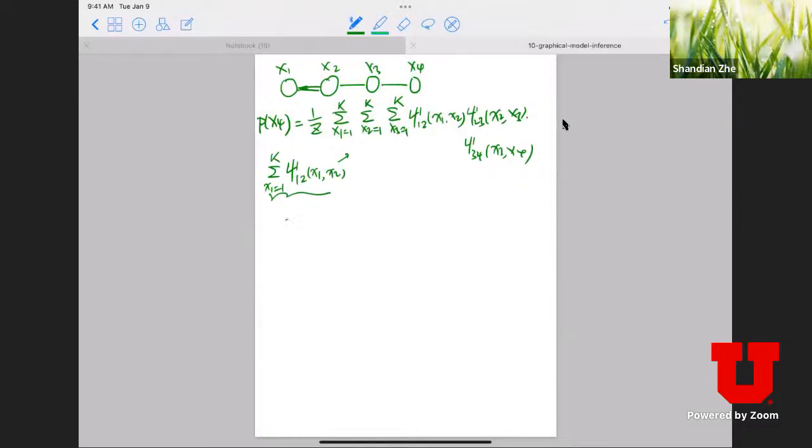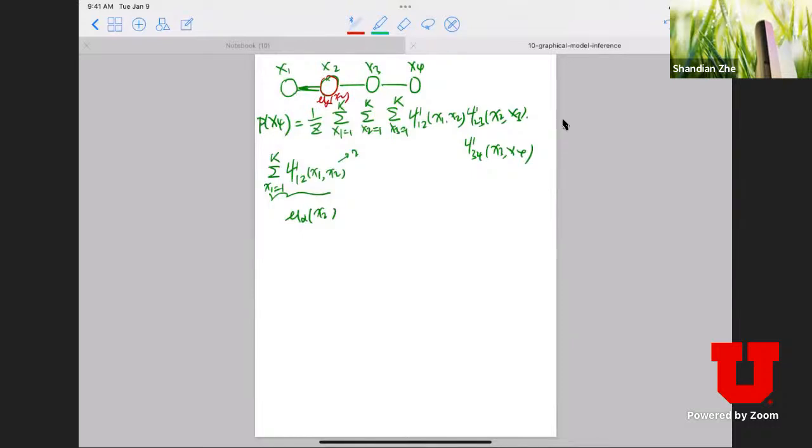I'm going to denote this function by mu alpha of x2. Given x2 equals 1, you sum over psi12 and get a value. Given x2 equals 2, you sum over psi12 and get the value for x2 equals 2. So you aggregate the K by K table into a one-column table, giving the first intermediate result, which is only associated with x2.